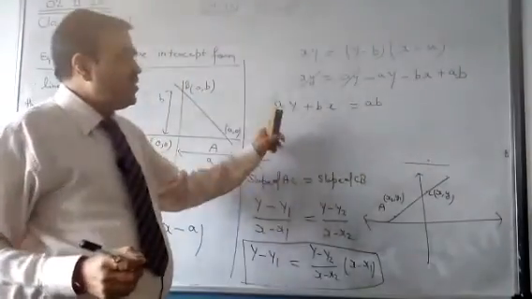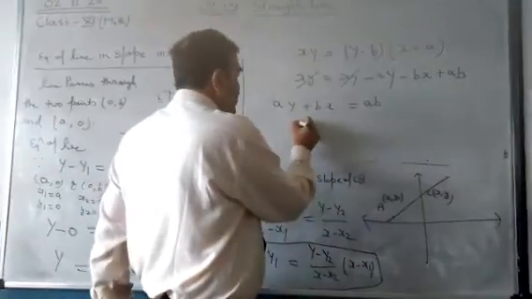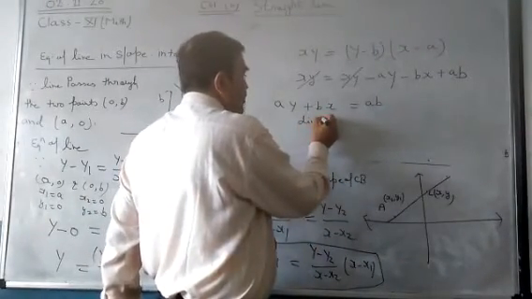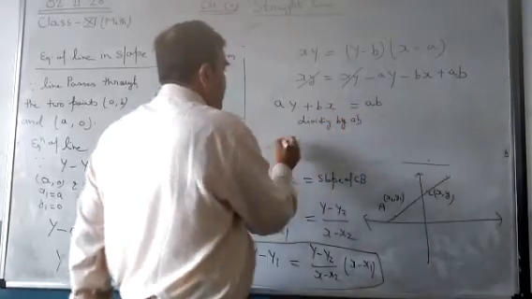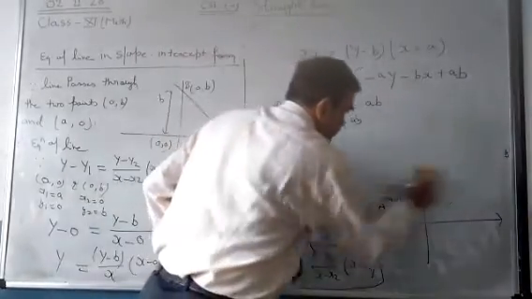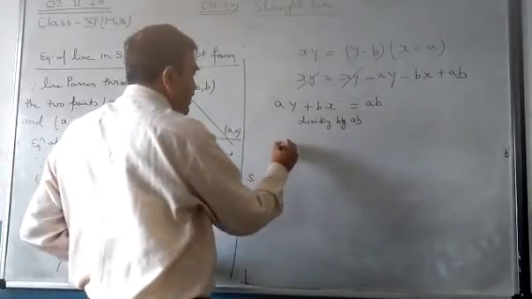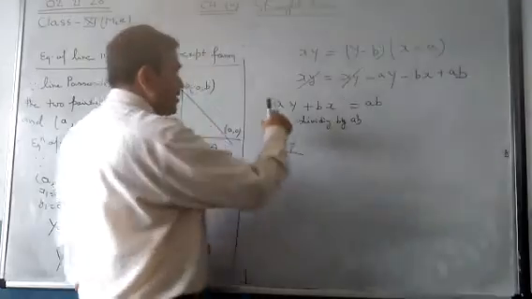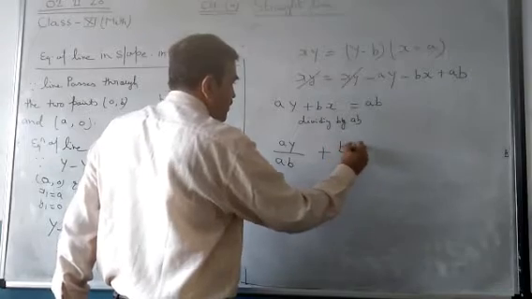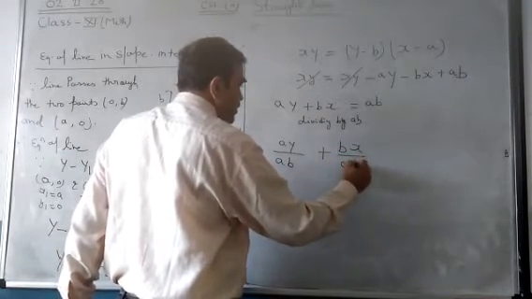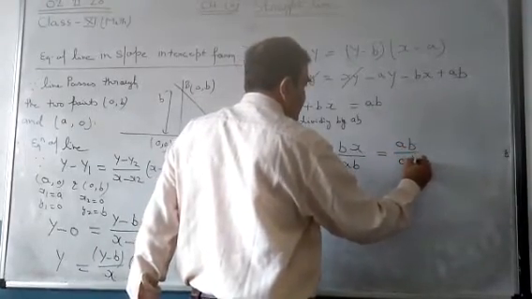Now in this equation we need the right hand side to be 1, so we divide both sides by ab. So we have ay upon ab plus bx upon ab equals ab divided by ab.